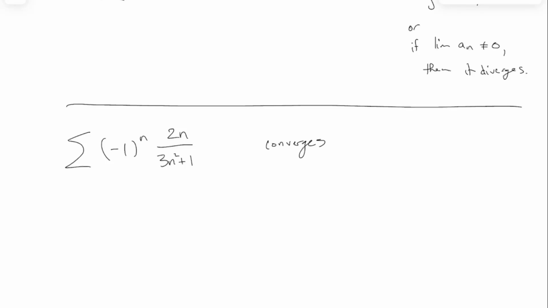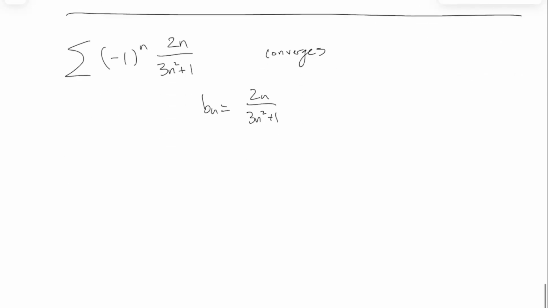Anyway, I have to show, first of all, decreasing. The sequence of b's is 2n over 3n squared plus 1. A few people magically turned it into 2 to the power n, which it's not. So first of all, decreasing. What I want to show is that b_(n+1) is less than b_n.